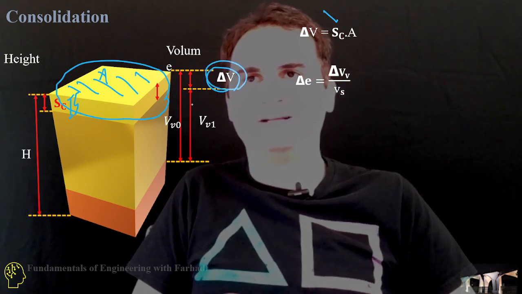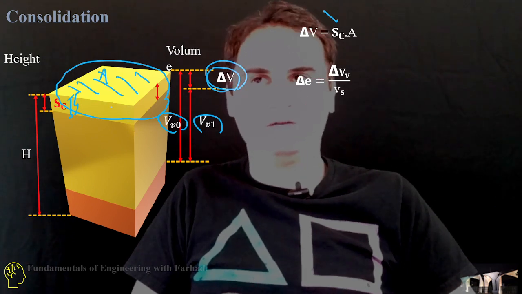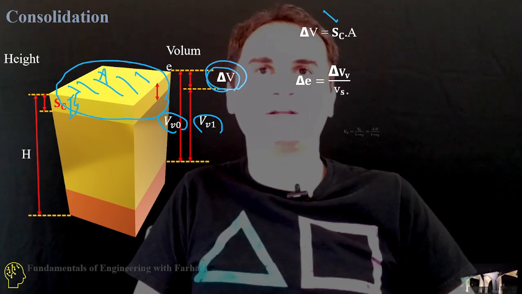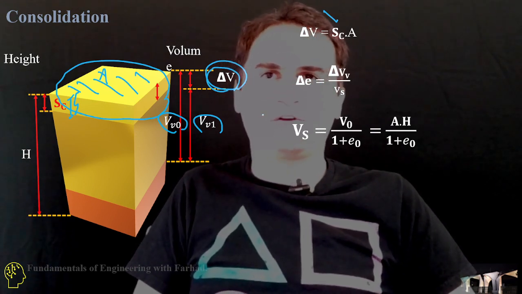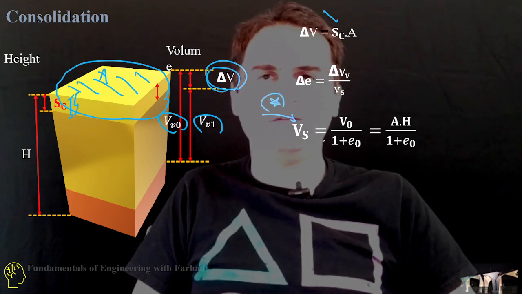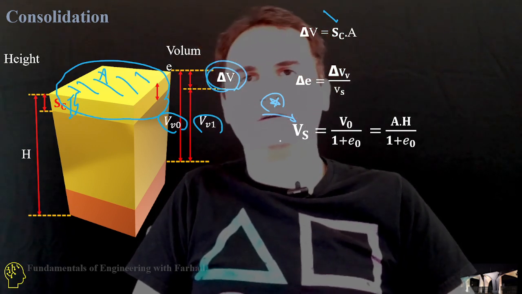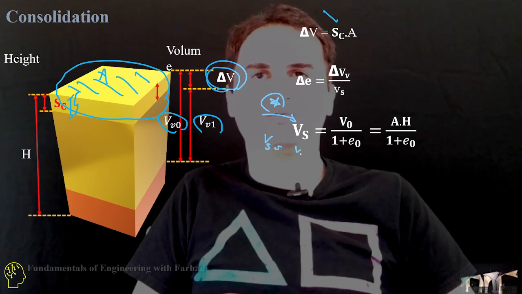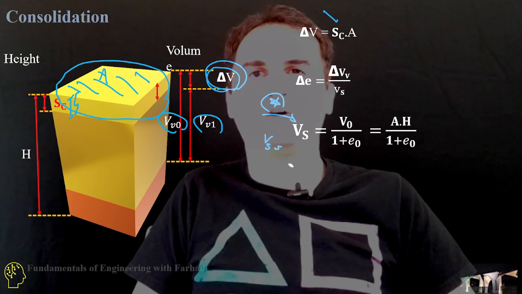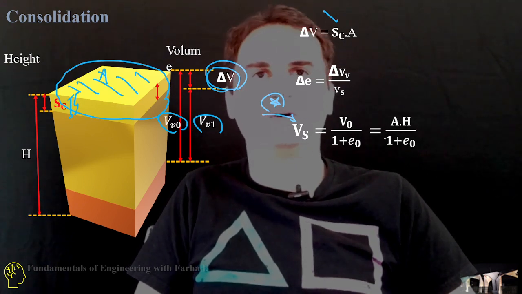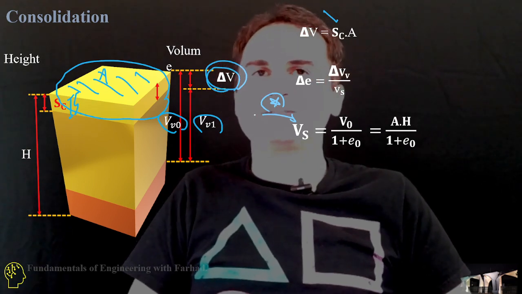We assume that delta V just applies to the void ratio of the soil, over the volume of solids. And from the previous slide, if you remember, Vs is equal to V naught, the initial V, over 1 plus e naught, where e naught is the initial void ratio, and V naught is equal to A times H.